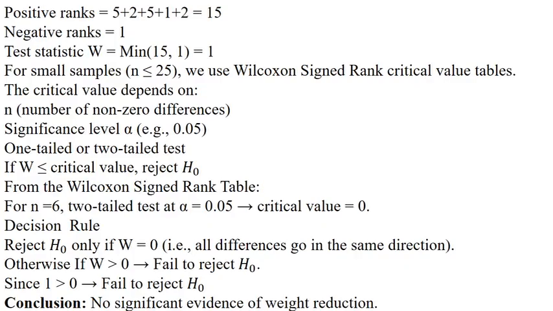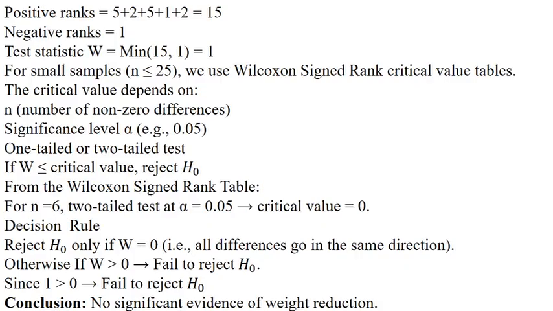Then we take our decision rule. Our decision rule says we should reject H naught only if W is equal to 0. If you remember, our test statistic here is 1, because we are considering the minimum of 15 and 1. Let me repeat myself: reject H naught only if W equals 0, that is, all differences go in the same direction; otherwise we fail to reject.